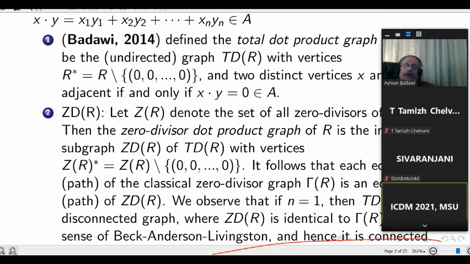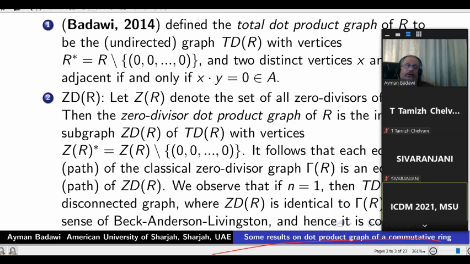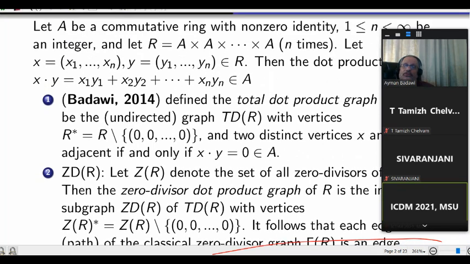So it follows that the classical zero divisor graph of the ring, which all of you are familiar with, is definitely a subgraph of the zero dot product graph. I know I spent too much time on the first page, but if you want to follow this talk, you need to know the notation.